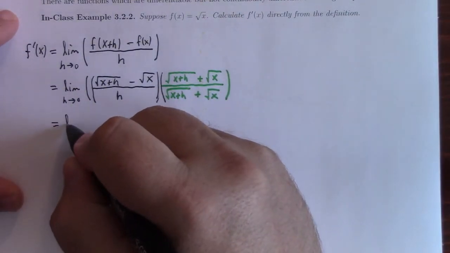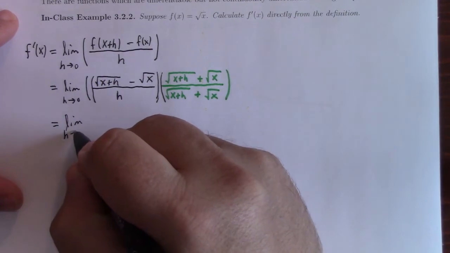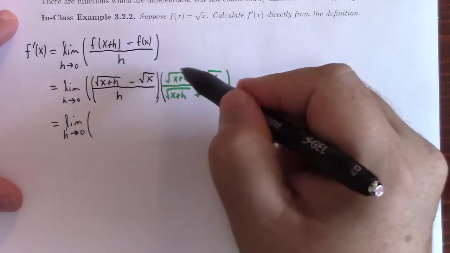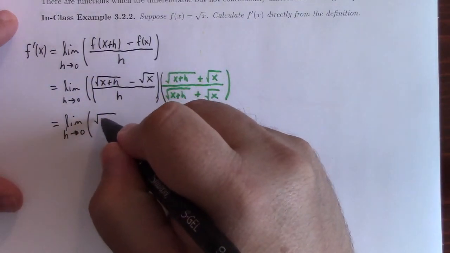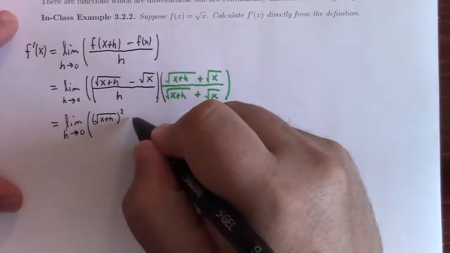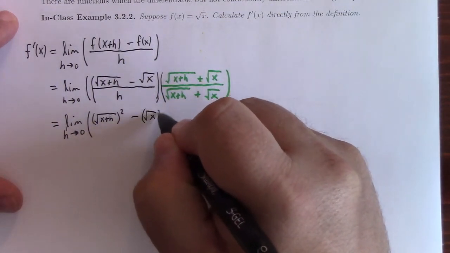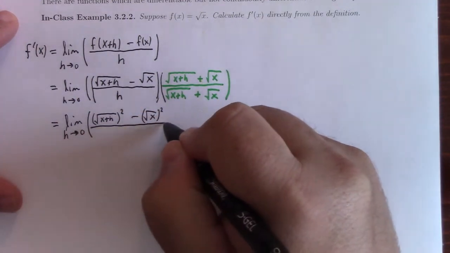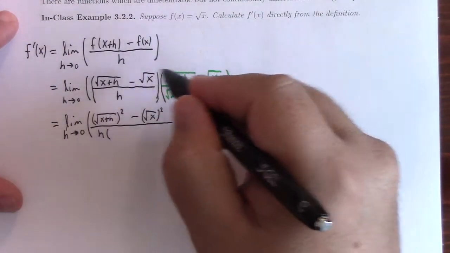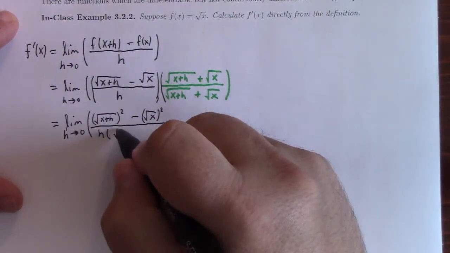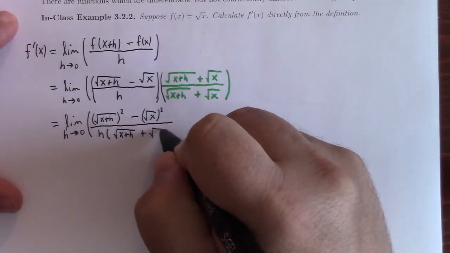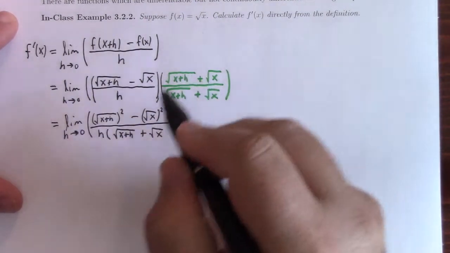And so what happens, of course, is it gives you the square root of x plus h squared, right? And then minus the square root of x squared. The cross terms cancel, right? Alright, and then what happens? Square that out.